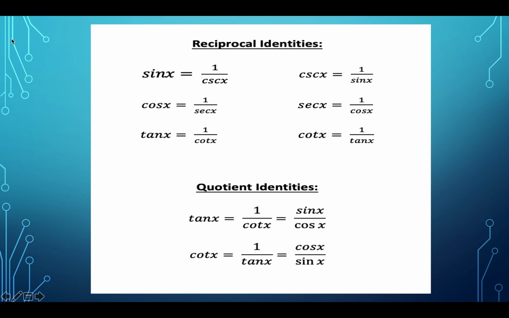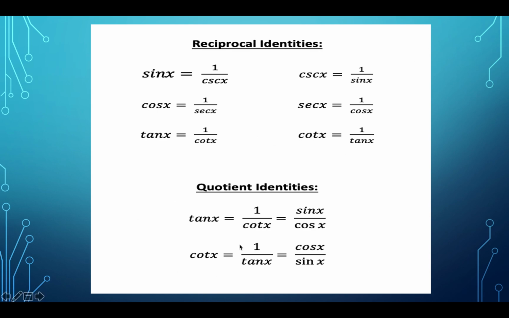Now you guys also have something called quotient identities. That's only with tan and cotan. So for tangent, you have 1 over cotan x, or you can also write it as sine x over cos x. Cotan x is equal to 1 over tan x, or you can write it as cos x over sine x. With these quotient identities, it could be helpful when we go over some of the problems.